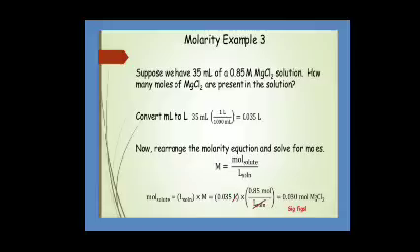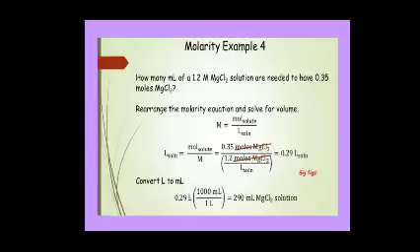Number of moles is equal to molarity times volume of solution in liters. 0.035 liters times 0.85 moles per liter, liters cancel. 0.035 times 0.85 is equal to 0.030 moles magnesium chloride.